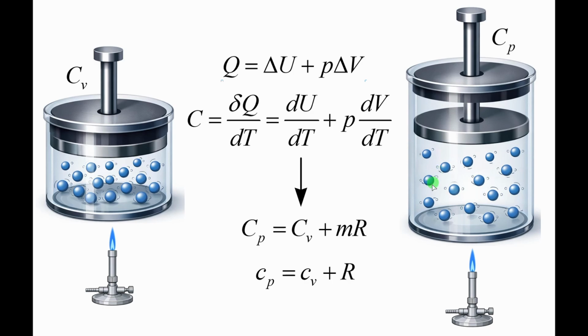And that allows for the heat capacity to be greater at constant pressure, and the specific heat capacity at constant pressure, once again, is greater than the specific heat capacity at constant volume. And this picture helps us visualize it.